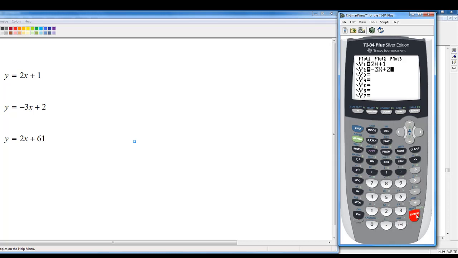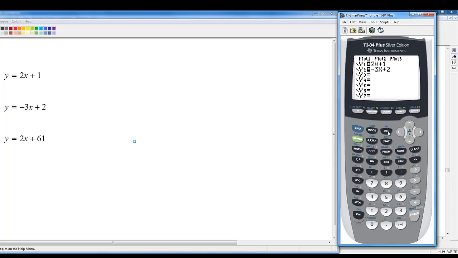See what happens to me: when I want to graph this equation, it doesn't like it. Why not? Because I made a typing error. Instead of the negative sign, I put the minus sign, which it treats differently.